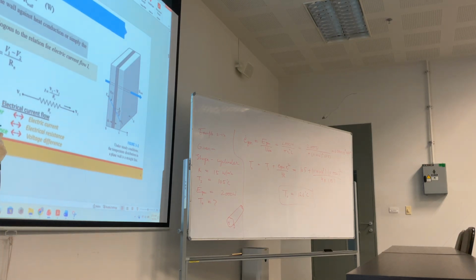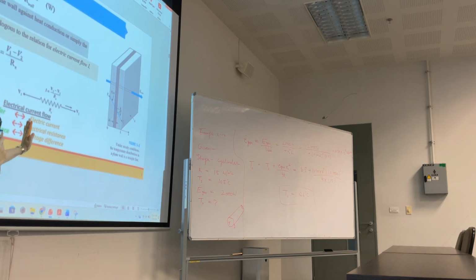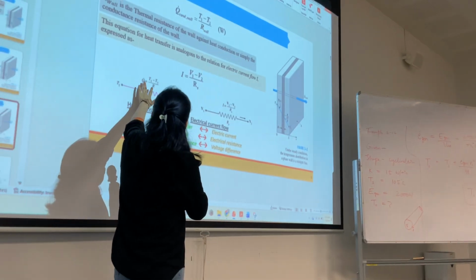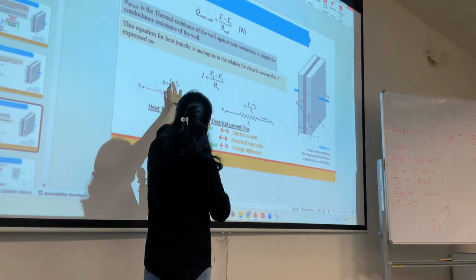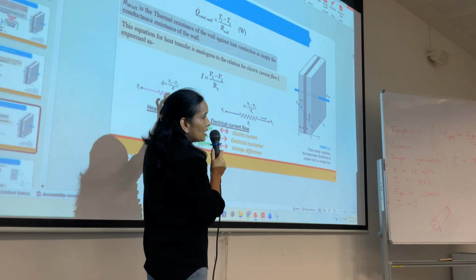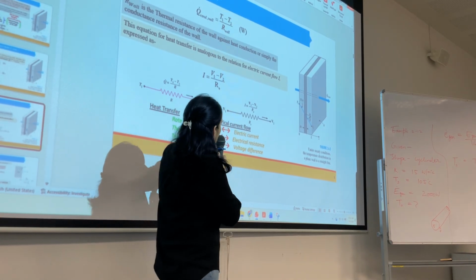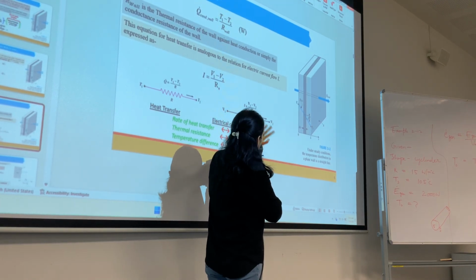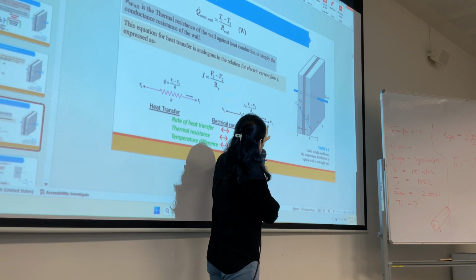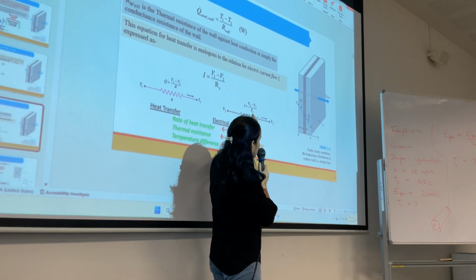This is just to explain the similarity between thermal resistance and electrical resistance. If you are calculating heat transfer from here to here, you will calculate T1 minus T2 and there is a resistance, which can be the thickness of the wall divided by kA. In an electrical scenario, if you want to calculate the current through a wire, you will have a voltage difference divided by the resistance.